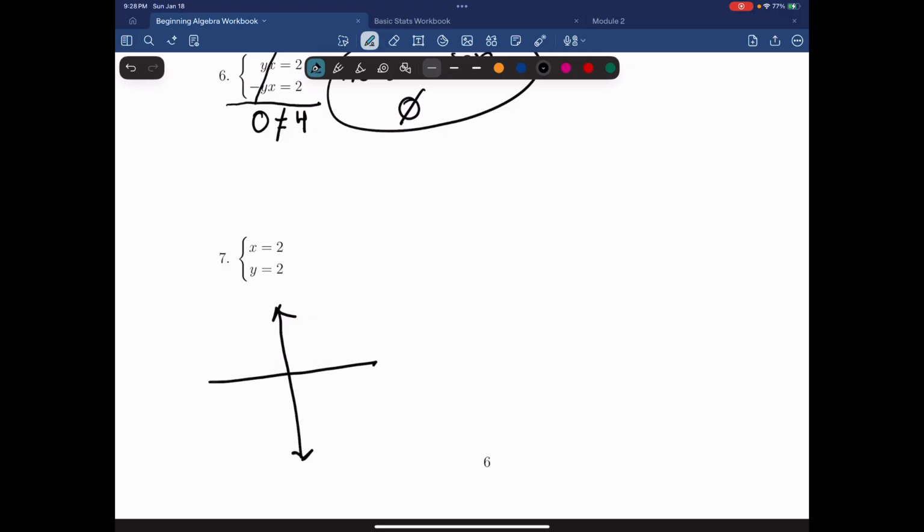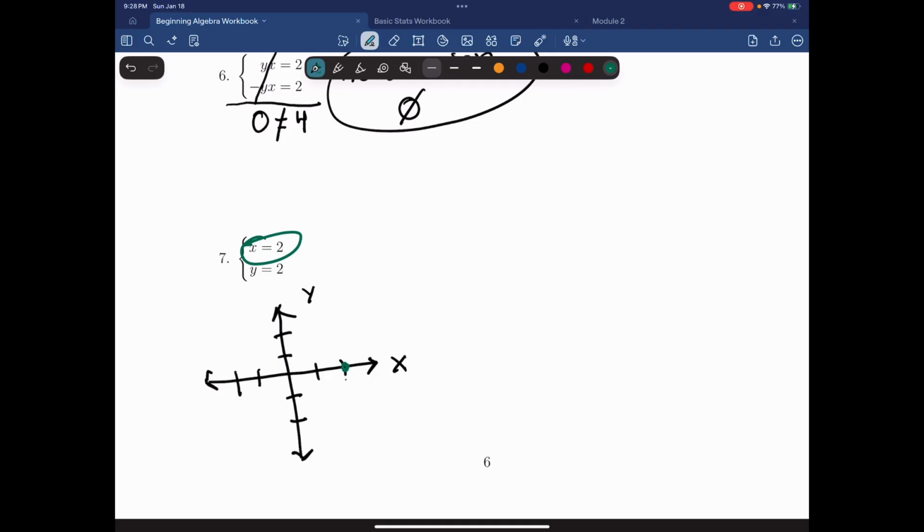So I'm going to draw out the x and y axis. And I'm just going to do 2 dashes on each. So let's first start off by graphing x equals 2. Remember, we're going to graph directly when x is 2, so that's right here.